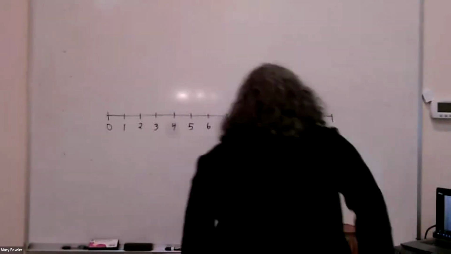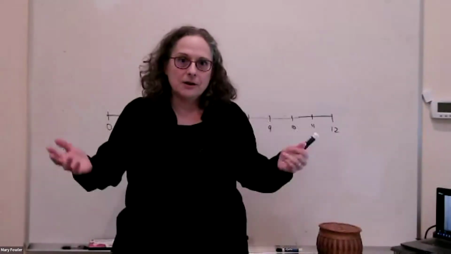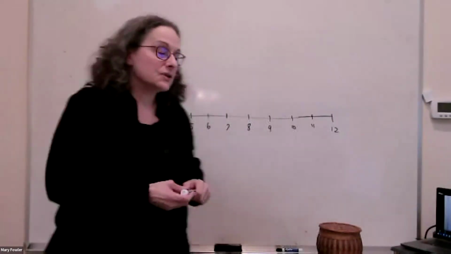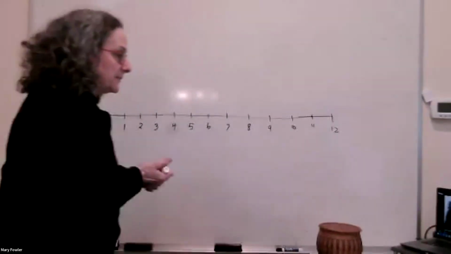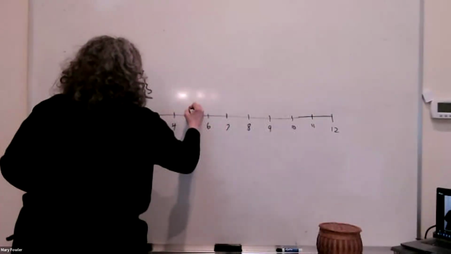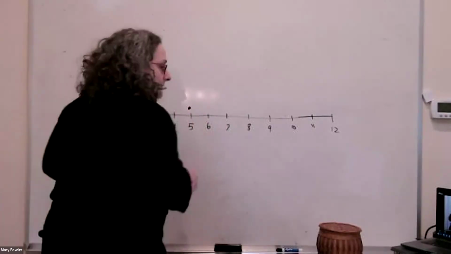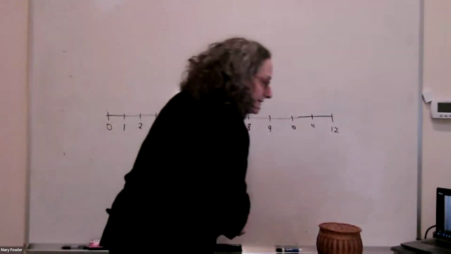I'm going to go over to the whiteboard and start a dot plot. If you choose 12 jewels out of a bag, the number of black jewels is going to be somewhere between 0 and 12. So that's how I set up the axis. I had 5 black jewels. Okay, let's do it again.